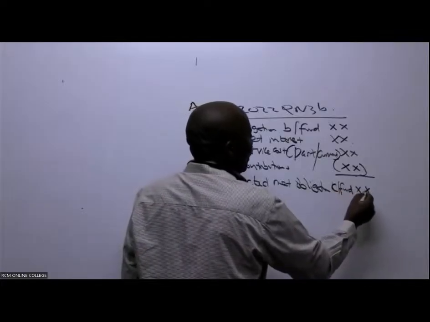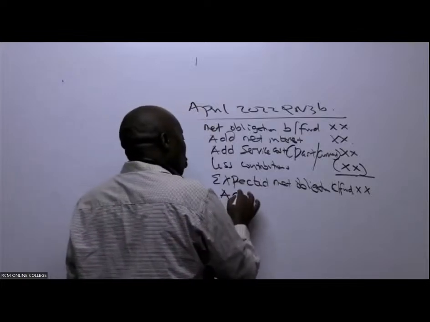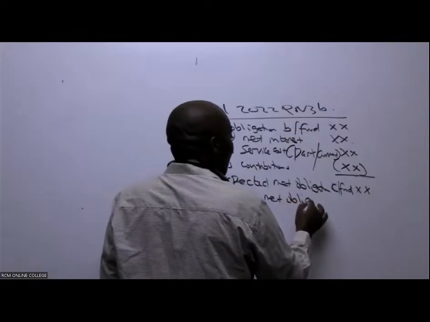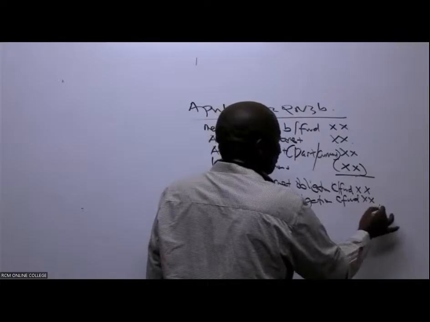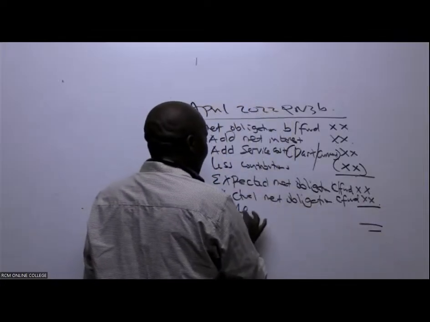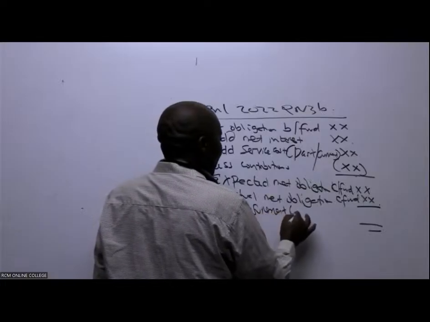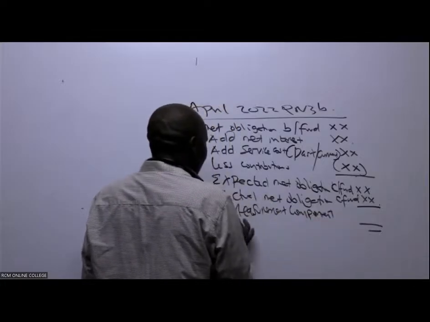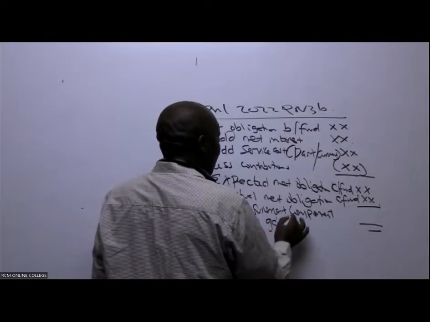So it is this that you shall be able to compare. You compare this with the actual net obligation carried forward for you to be able to give us what we call the remeasurement component, what the old standard used to call actuarial gain or loss.